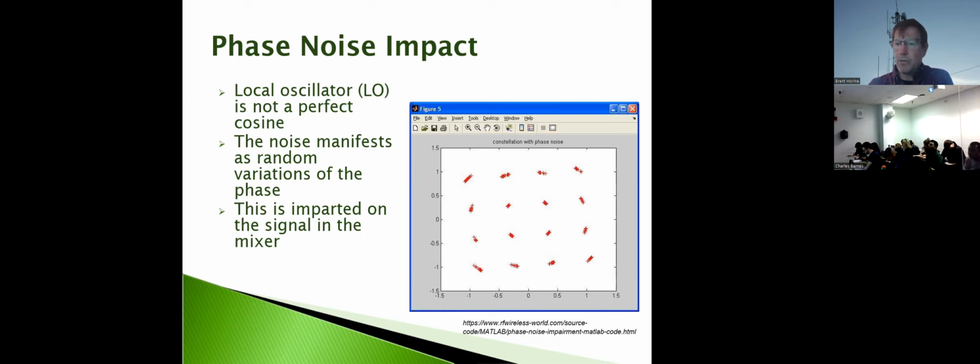So that's how noise manifests itself in an oscillator, typically through the phase of the signal coming out, which moves or jitters around a central value. And this ends up being imparted on the signal in that mixing process. By the time your receiver circuitry is looking at it, it is jittering around in small random rotations. Okay.